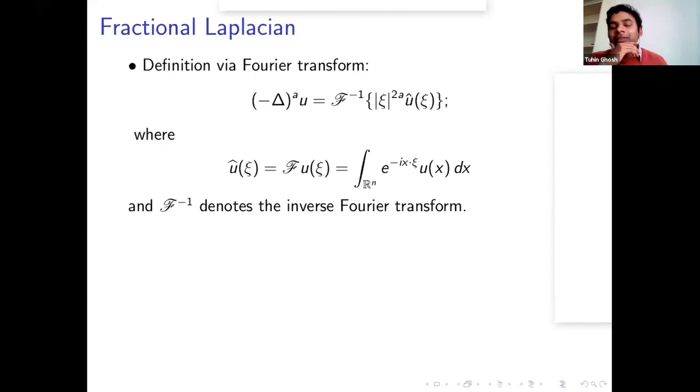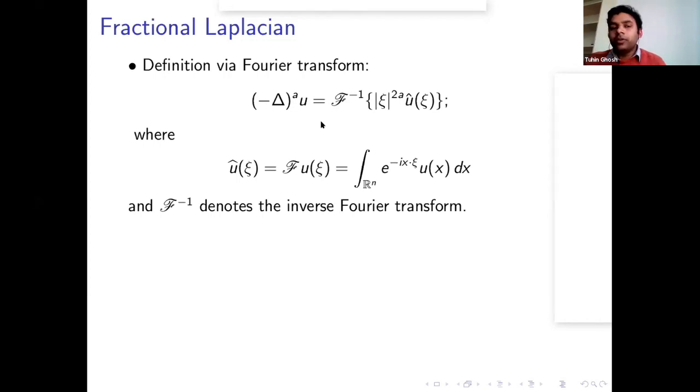The simplest possible, well-known way we define the fractional Laplacians is via the Fourier transformation. So you have this operator, the Laplacian, which is a constant coefficient operator. If you consider it in R^n, the plane waves are the eigenvectors, and it has a continuous spectrum, which is nothing but just mod xi squared.